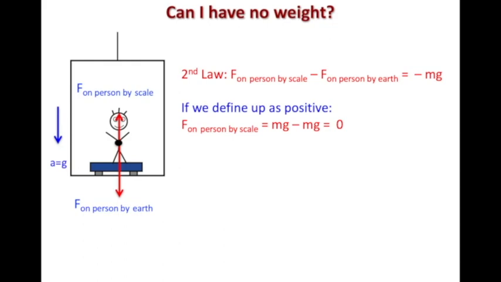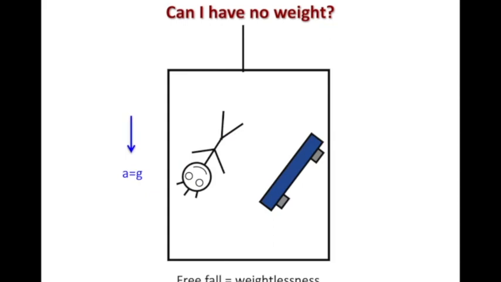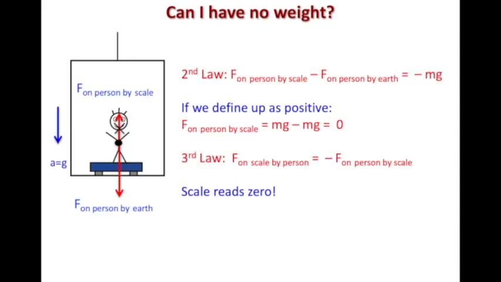Maybe it would have made more sense to work backwards, demanding that the force on the person by the scale is 0. What does that tell me my acceleration has to be? Anyway, the takeaway is that the scale will read 0 if you are accelerating downward as fast as gravity wants you to. In other words, if the normal force is 0.